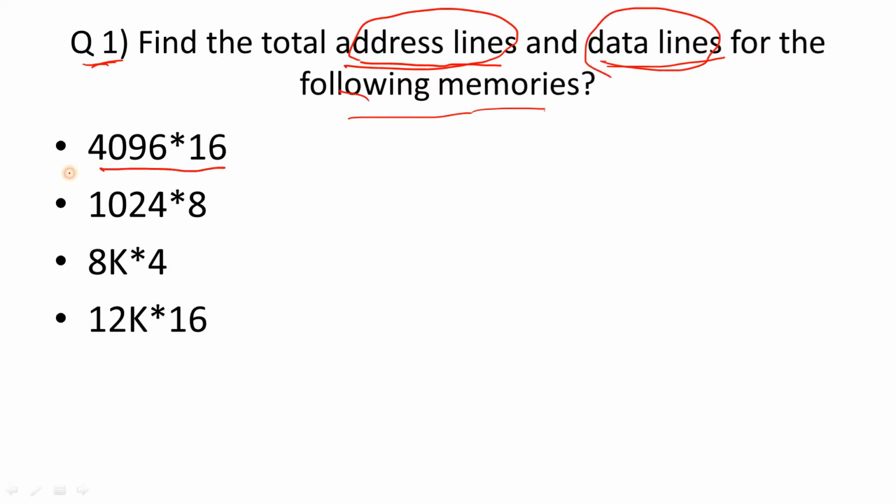For example, let us start with the first one, 4096 into 16. This is the memory size, and in it we are going to find the address lines and the data lines. This is not a multiplication; the cross is simply read as 'by', so it is 4096 by 16.